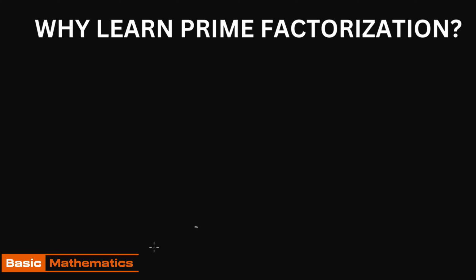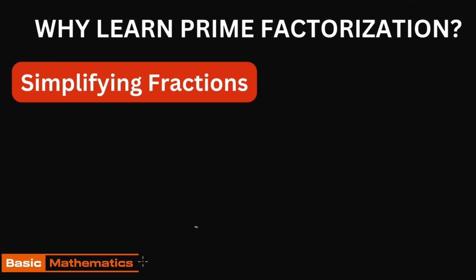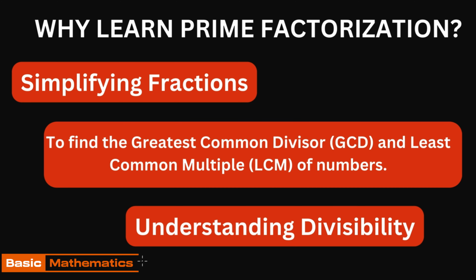Number 2, we can also apply prime factorization in finding the greatest common divisor and the least common multiple of numbers. Again, if you know how to do prime factorization, it helps us in analyzing the divisibility properties of numbers.